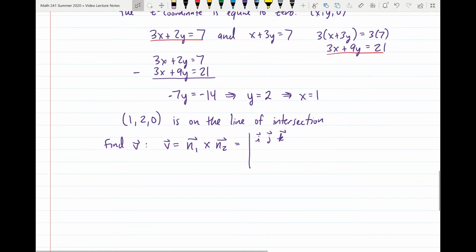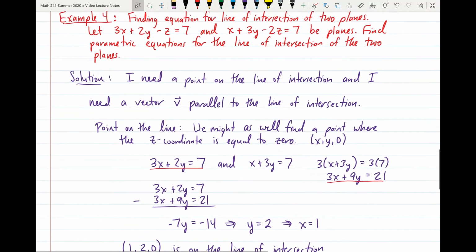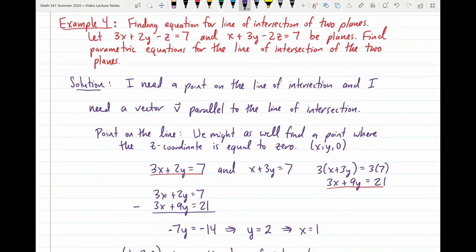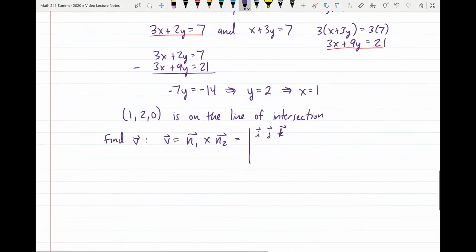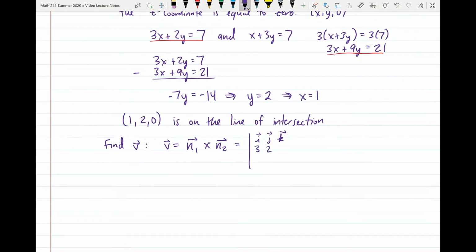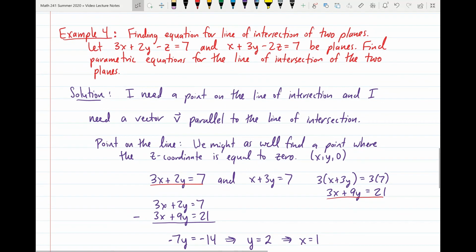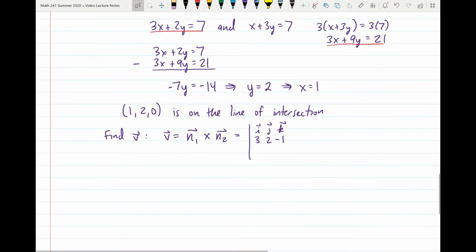In the second row, we have the normal vector for the first plane, which we can just read from the equation is 3, 2, minus 1. And in the last row, we have the normal vector for the second plane, which again we can read from the equation is 1, 3, minus 2.